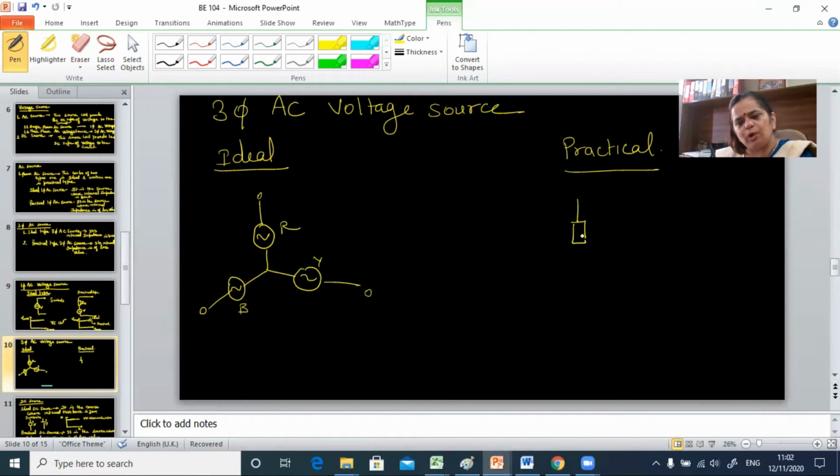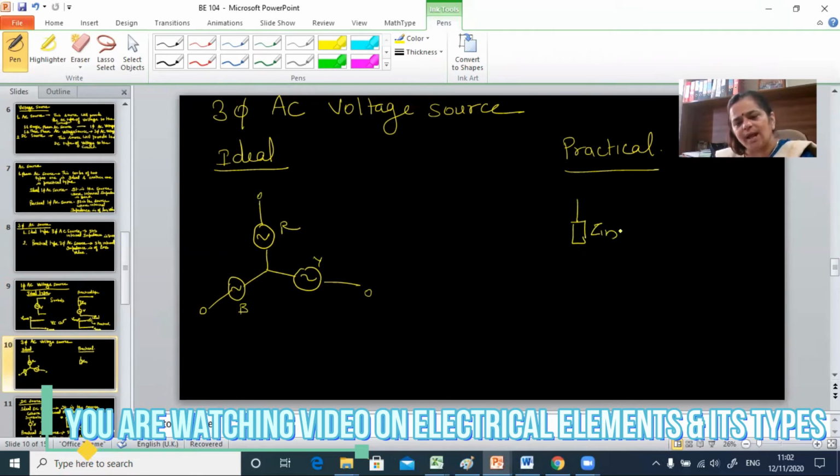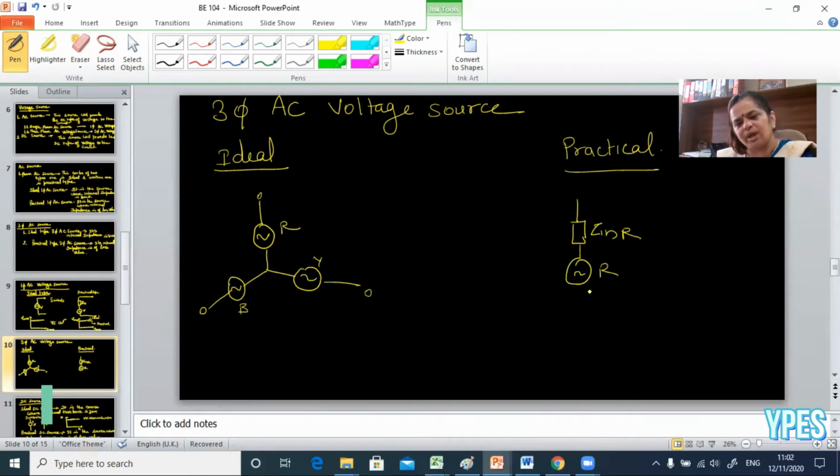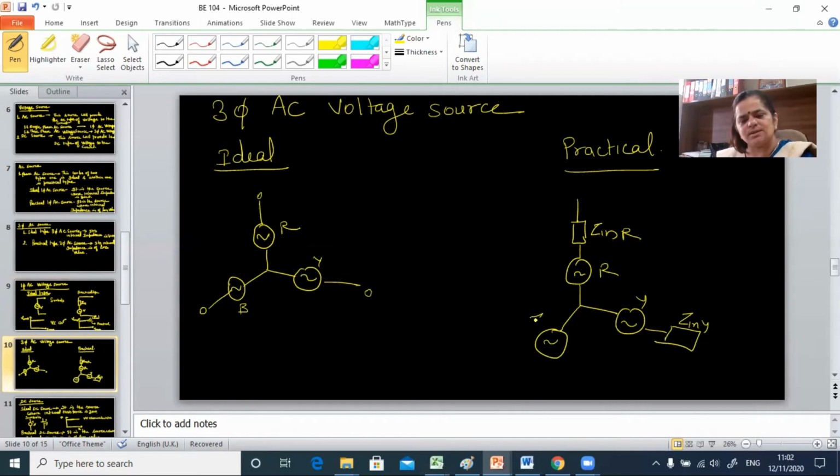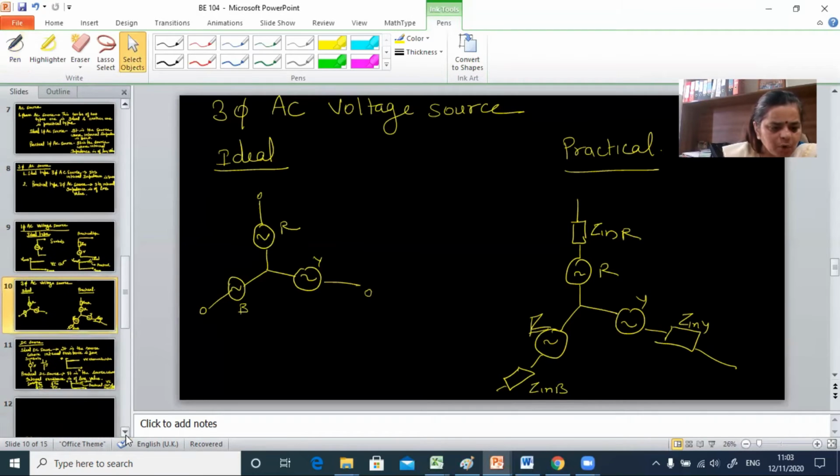Whereas if I plot the practical, then Z in R, this is R phase, then this is Y phase, and Z in Y, and this is P phase, and here it will be Z in P. So this is the symbol for a three phase practical AC voltage source. Okay? So we have seen the symbols and characteristics also.